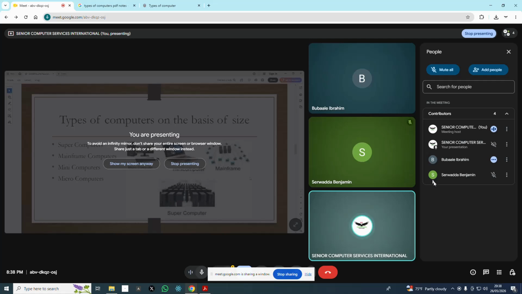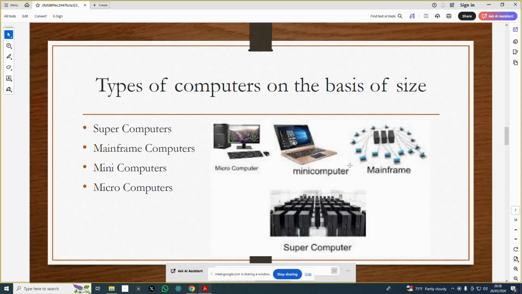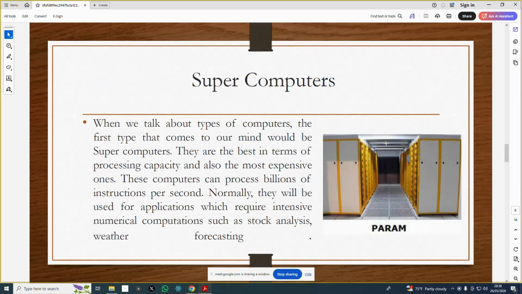So having understood that, let's proceed and talk about supercomputers. When you hear the word supercomputers, they can ask you to describe supercomputers, or to give a difference between supercomputers and mini computers.